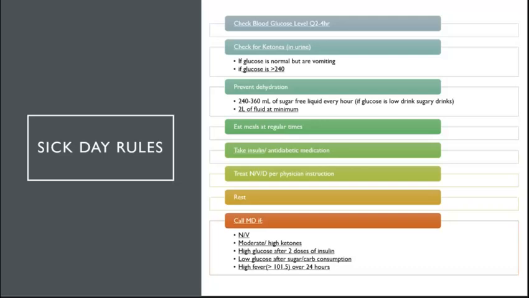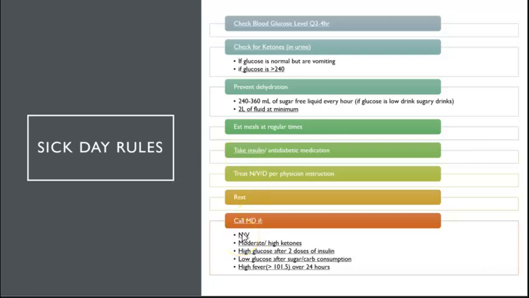Eat meals at regular times. Take insulin and anti-diabetic medications as ordered. Treat the nausea, vomiting, and diarrhea per physician order. Rest and call the doc. So, if we are checking our sugars every 2 to 4 hours and we're rehydrating as we should at 2 liters a day, but we start to notice there's ketones in our urine and the glucose is creeping up even though we're taking the insulin, we're going to call the doc.